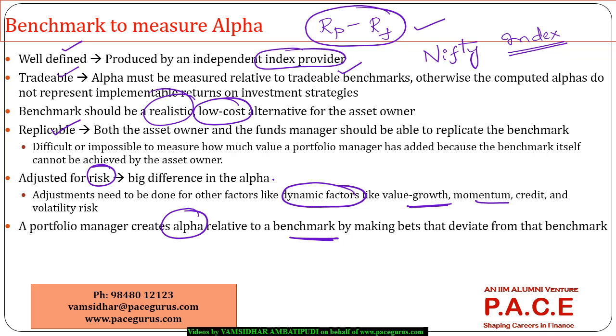So the alpha that is generated should be adjusted in proportion to the risk that is being taken. Now that we know the characteristics of the benchmark that need to be set to measure alpha, we should ensure that whatever we choose as a benchmark is well defined, tradable, replicable, low cost, and adjusted for risk.